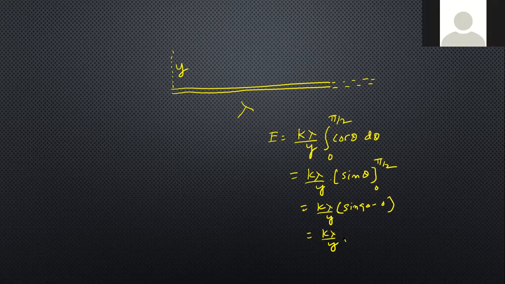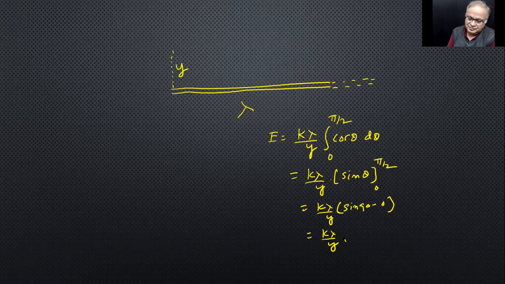But there's an issue. This will be only the y component, children. There will be an x component also here. Because we took somewhere in the middle, the components on that side and this side got cancelled.